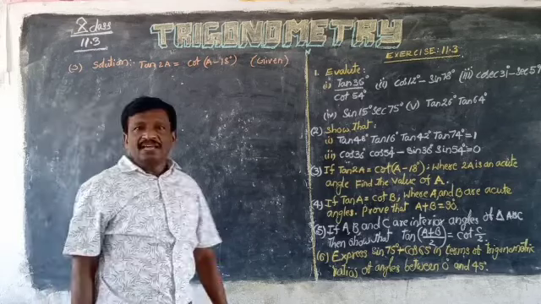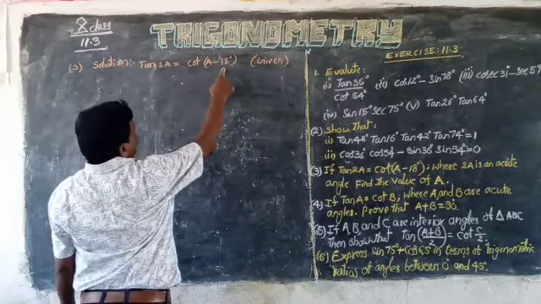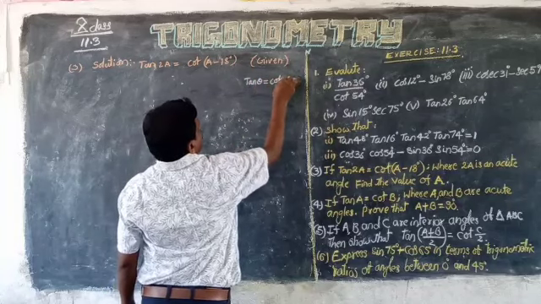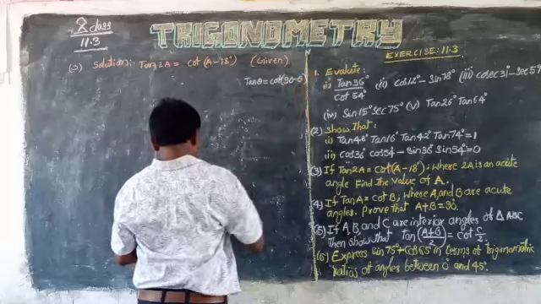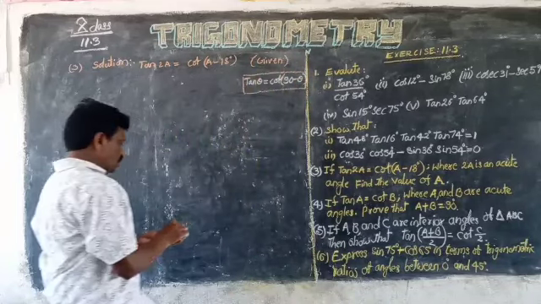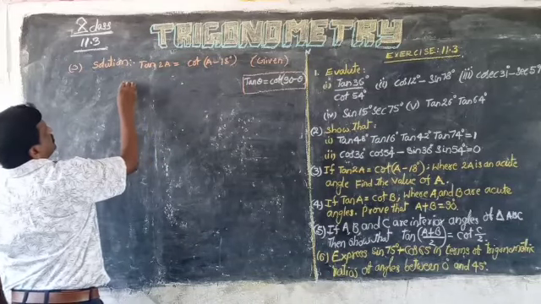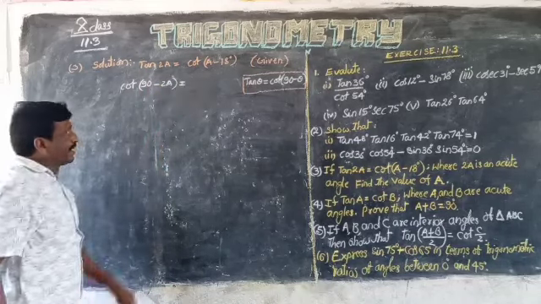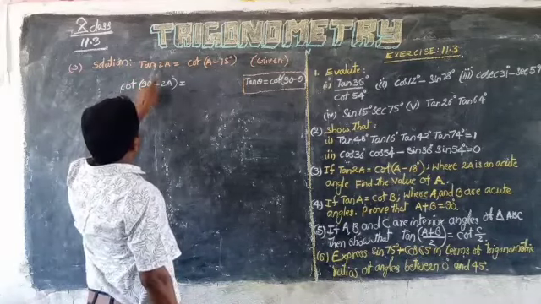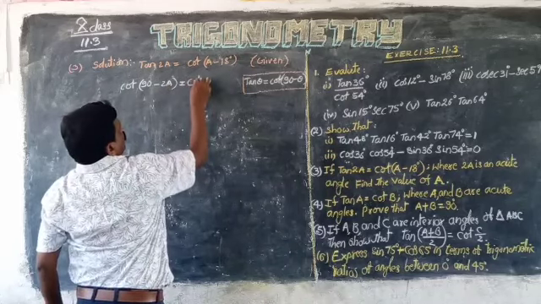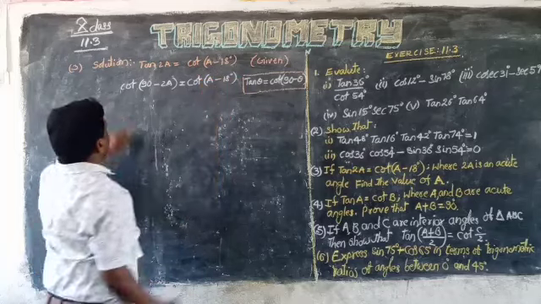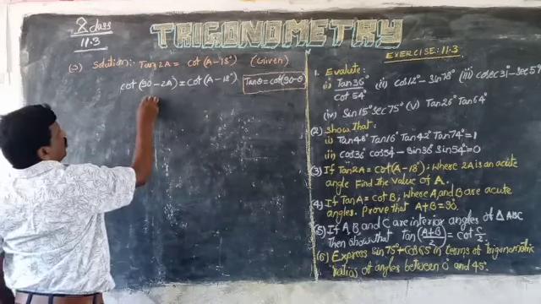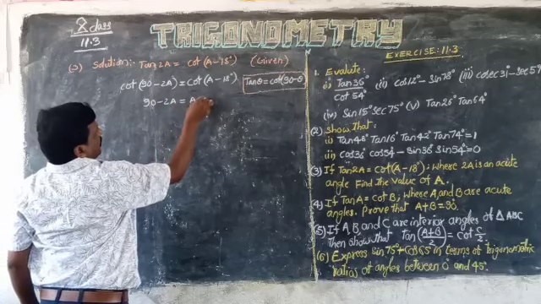Find the value of A. Tan theta is equal to cot(90 minus theta), so tan 2A is cot(90 minus 2A), which is equal to cot(A minus 18).